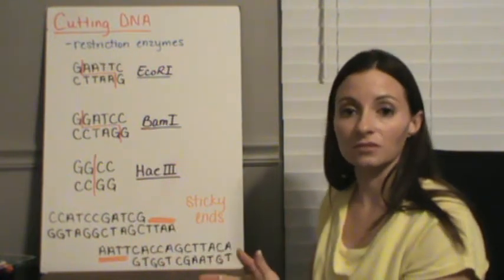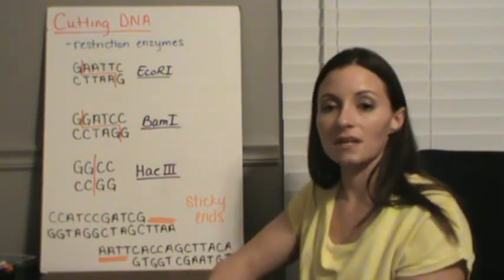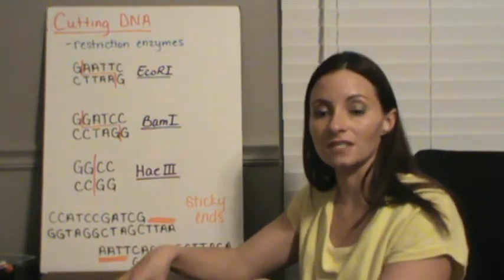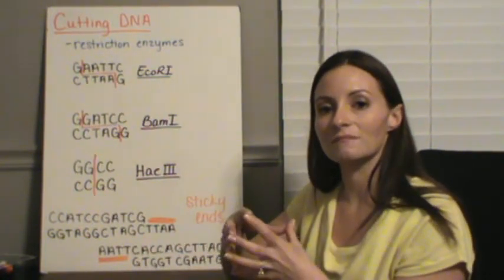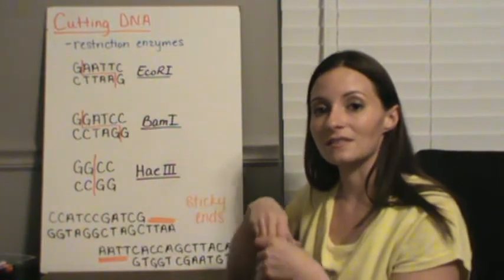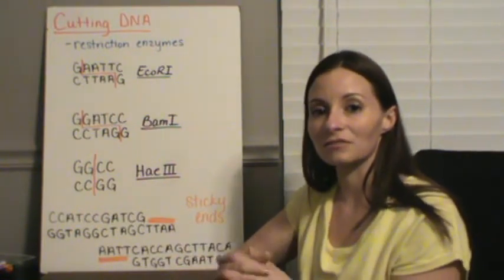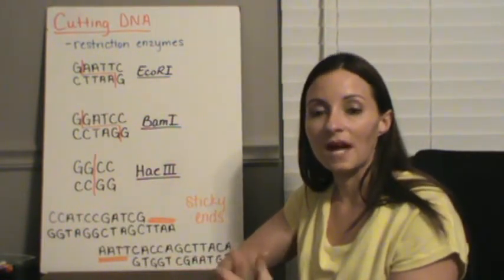What they might do is actually sometimes scientists will mix two sets of DNA, and this is how they're able to do some things in the lab that aren't necessarily natural.